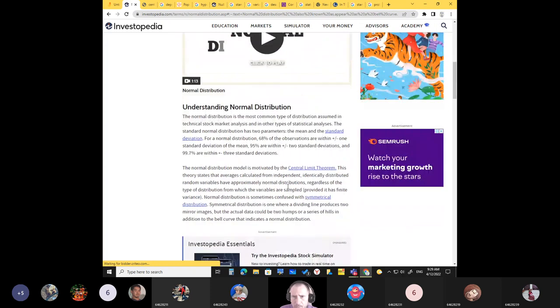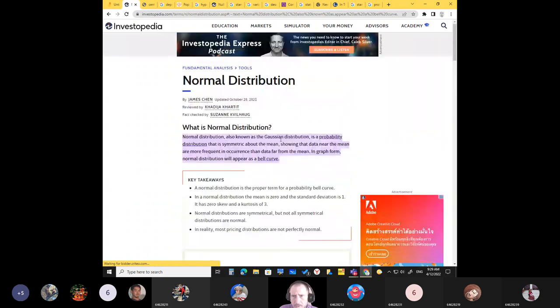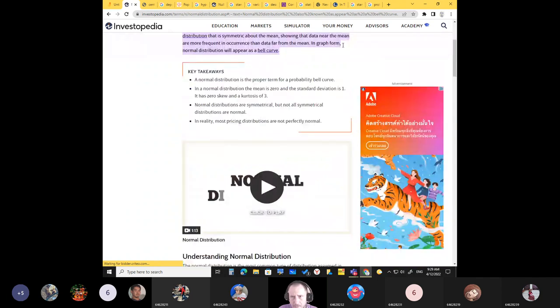Normal distribution is the most common type of distribution. It has two parameters, a mean and the standard deviation. Okay, so probability, how likely something is to happen.